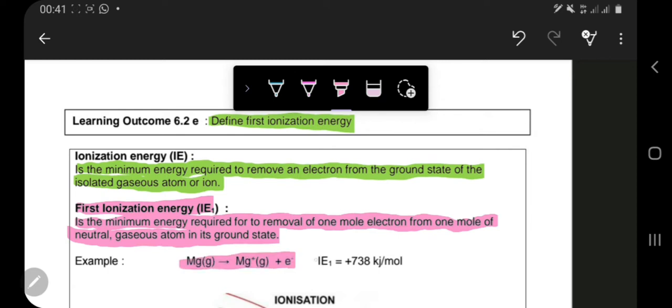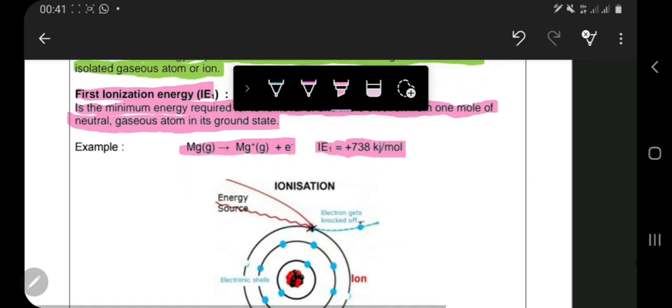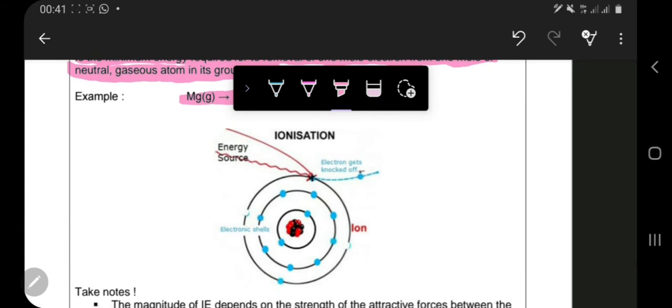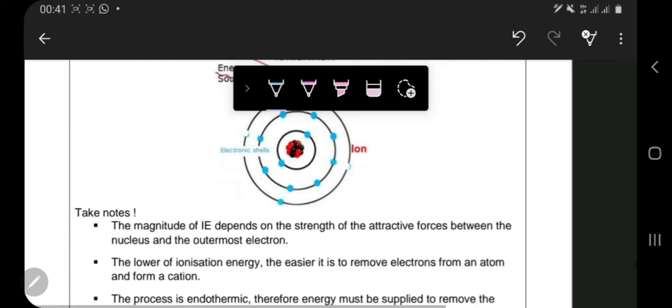It shows that the first ionization energy, which means the energy needed to remove the first electron from the atom, takes positive 738 kilojoule per mole. So ionization energy is used when we want to remove the valence electron from the outermost shell.